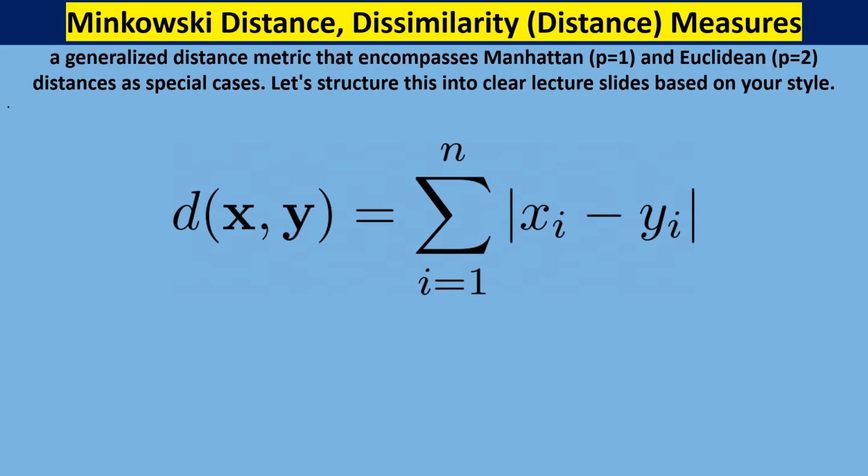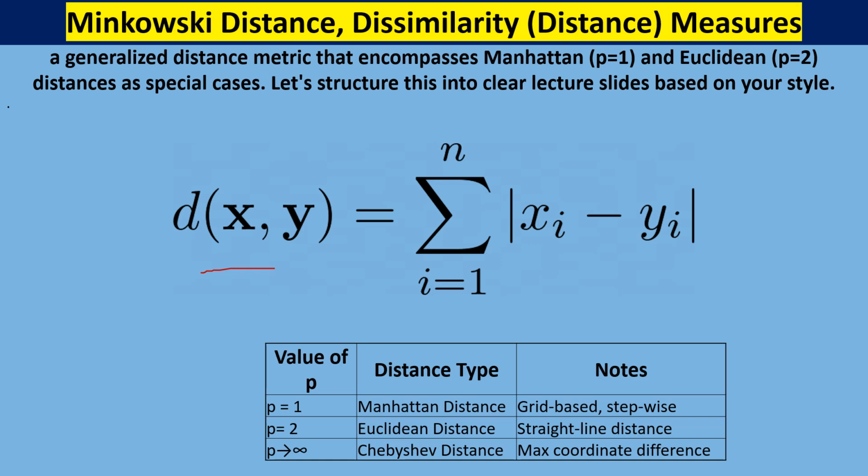Minkowski distance is a generalized metric that measures the distance between two points in a metric space. It's a flexible measure that encompasses both Euclidean distance, p=2, and Manhattan distance, p=1. As p approaches infinity, it approaches the Chebyshev supremum distance, which considers the maximum coordinate difference.